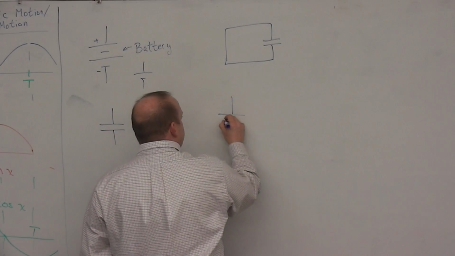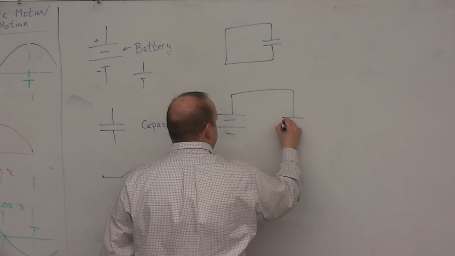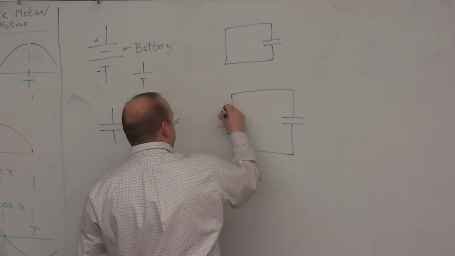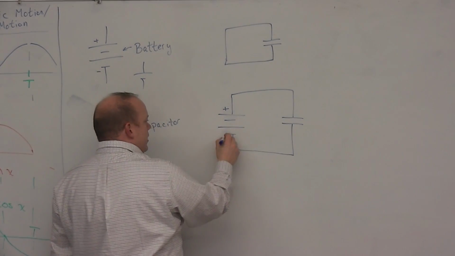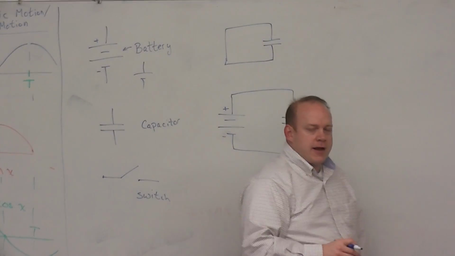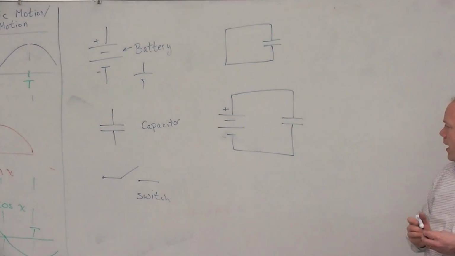So if I put in a battery, and again, I'm going to emphasize that the long plate is the positive, the short plate is the negative. I won't always put that positive and negative in. After a couple of weeks, I probably won't put it in at all, except for points of emphasis. So now, what's going to happen here?